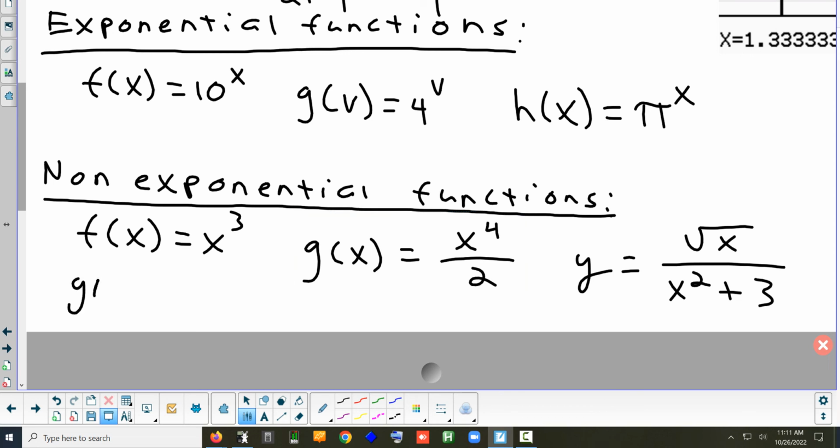You could think of g of x if you wanted like this. Same. So f of x and g of x are polynomials. And then y equals, it's a combination of a rational and a radical function together. But it's definitely not exponential. Any questions why these top ones are and the bottom ones are not exponentials?